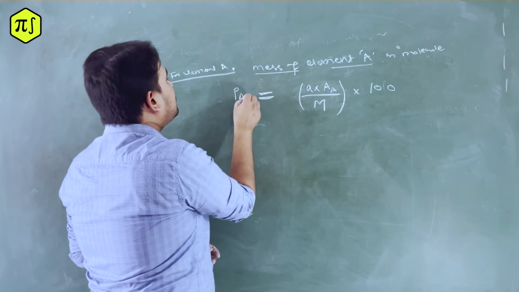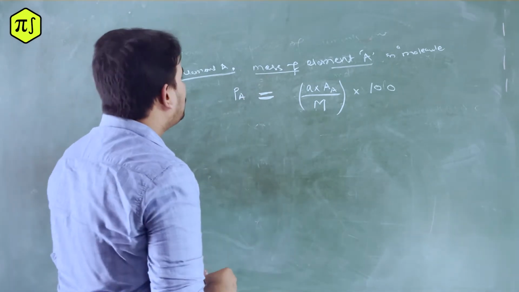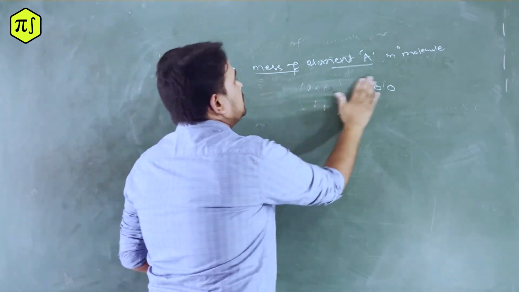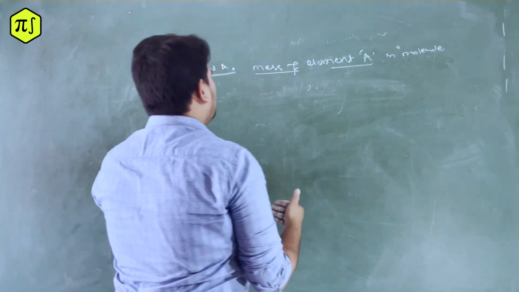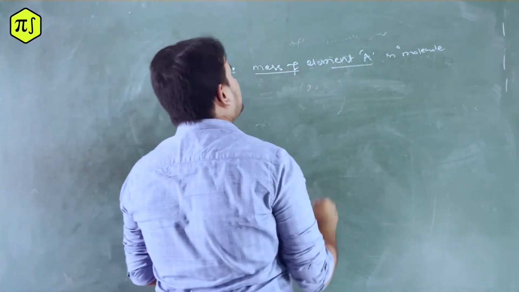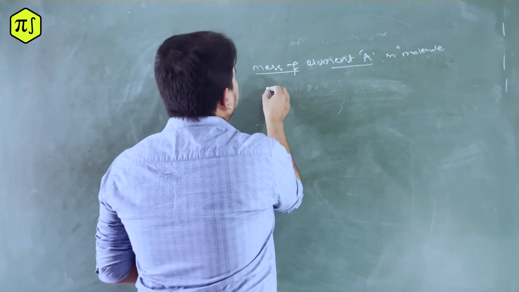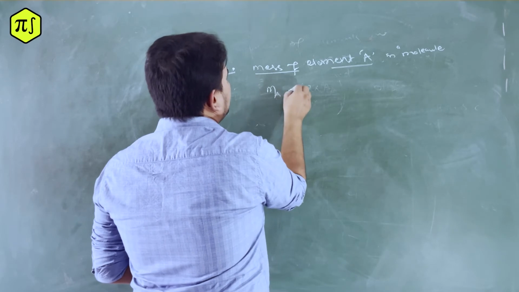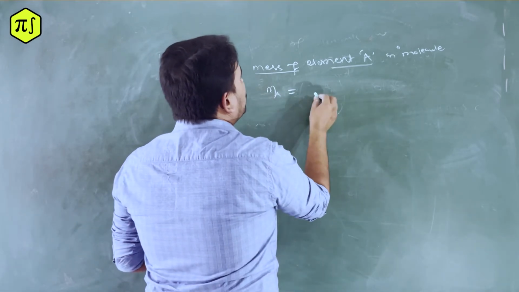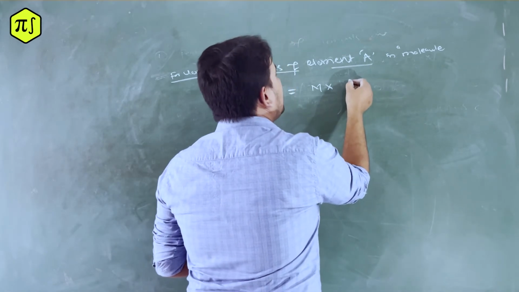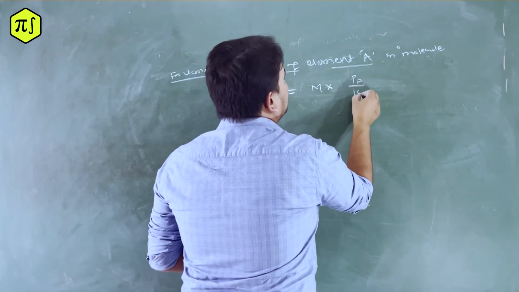Sorry, I'm writing wrongly, because we are calculating the mass of the element A in the molecule. So let's say MA, I'm writing. What can we write? The molecular mass into the percentage composition given to you, so MA is M into PA by 100.